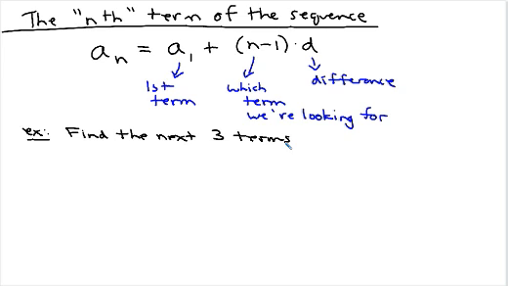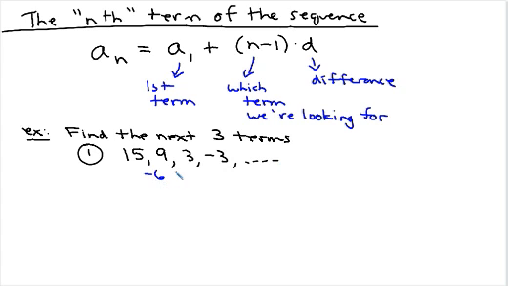So let's say that our sequence is 15, 9, 3, -3, and then they've got this dot dot dot like that. Now, if you're just finding the next 3 terms, I don't know that you need to use the formula. You could. I'm going to show you both. All right? So what's happening on this sequence?